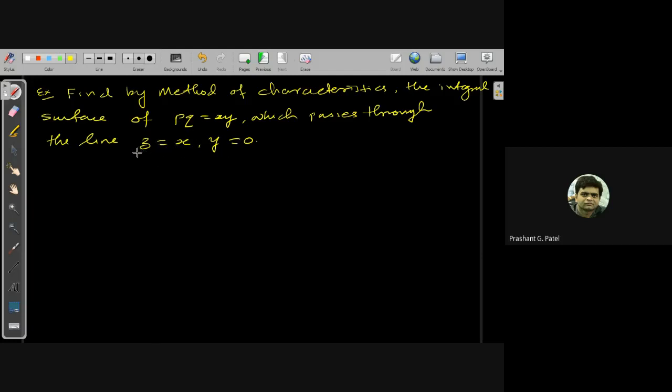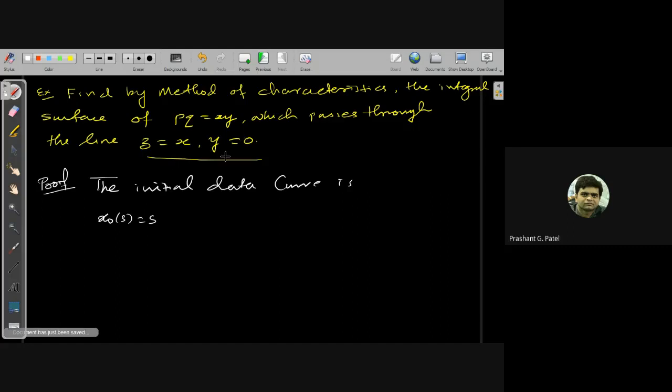So the parametric form of this line, the initial data curve here, is: if I put x = s, then y is already 0 and z0 is s. So this is the situation we have.